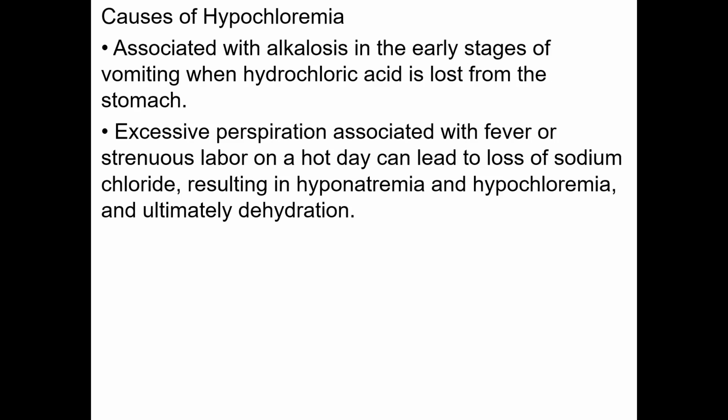Effects of hypochloremia would be nausea, vomiting, diarrhea, muscle twitching, confusion, sleepiness. Causes of hyperchloremia would be excessive intake of sodium chloride, either orally or IV, or hypernatremia attributed to other causes.